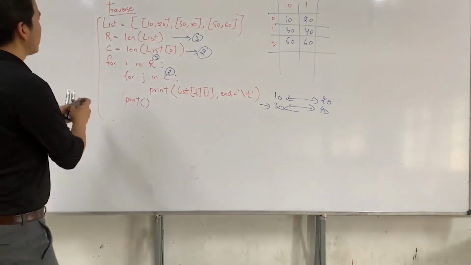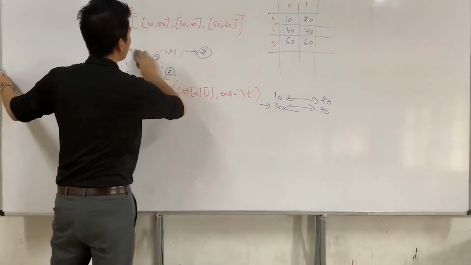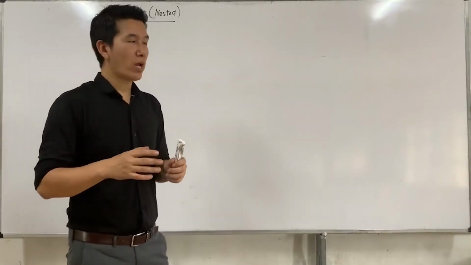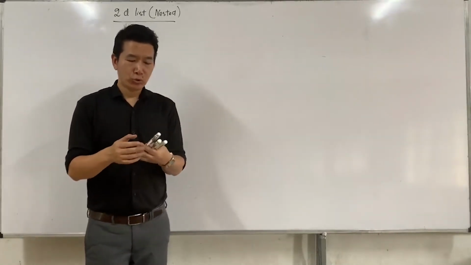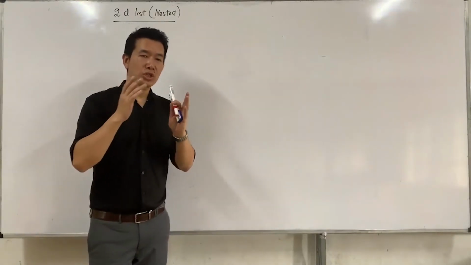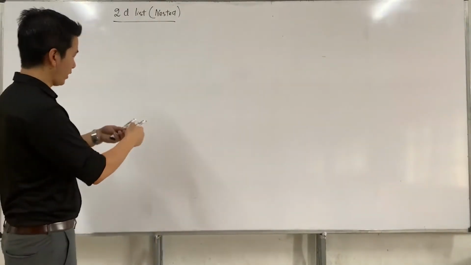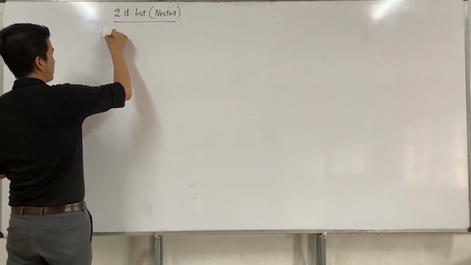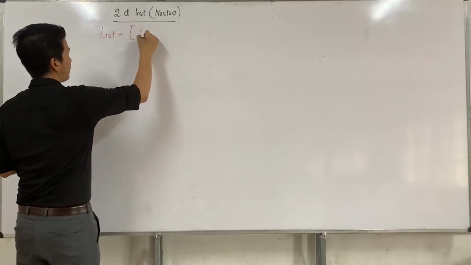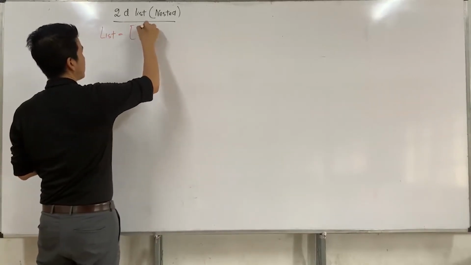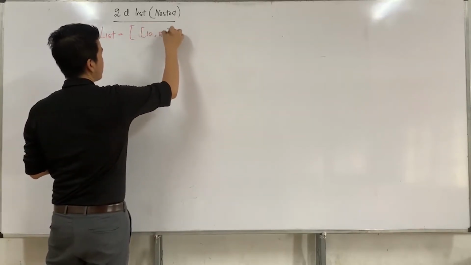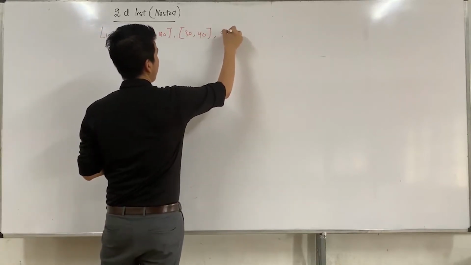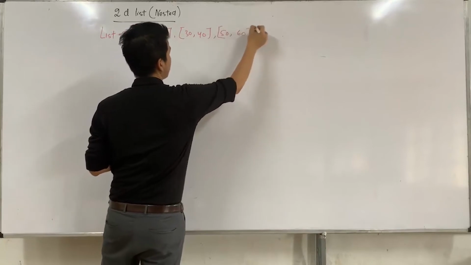Now finally, we'll write a program for transposing a 2D list. Transposing means changing rows to columns. So let's take an example of a list which will have the elements like 10, 20, 30, 40, and then finally 50 and 60.